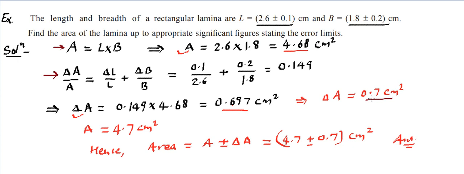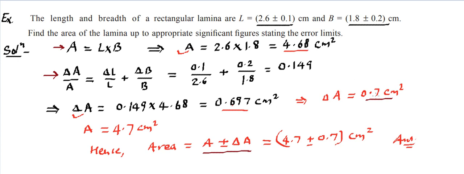Another point comes in whenever we write A plus minus delta A, then both should have the same number of places after decimal. This is the requirement, so we need to convert this A into the same number of decimal places as this delta A has.